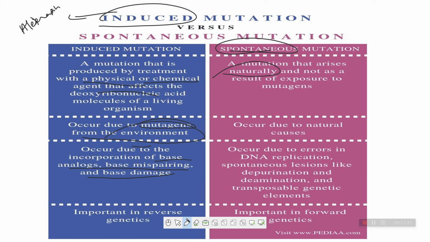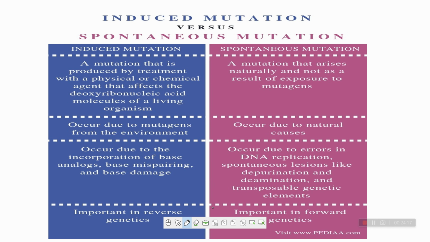This mutation is most important in reverse genetics, and spontaneous mutation is important in forward genetics. Spontaneous mutation occurs due to natural causes, not by a mutagen. It occurs due to errors in DNA replication, spontaneous lesions like depurination and deamination, and transposable elements. This type of mutation is a spontaneous mutation, right?